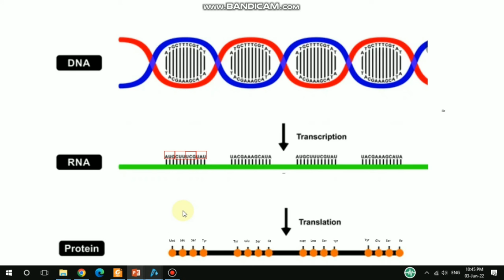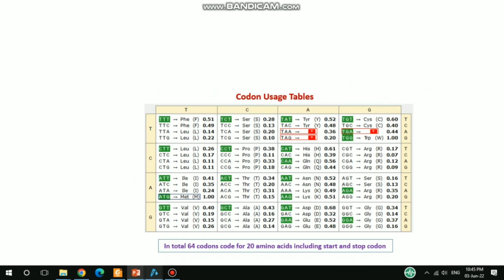For every protein there is one start codon and one stop codon. There are around 64 codons in total, and these codons code for 20 amino acids. Three of them are stop codons, and one is the start codon.